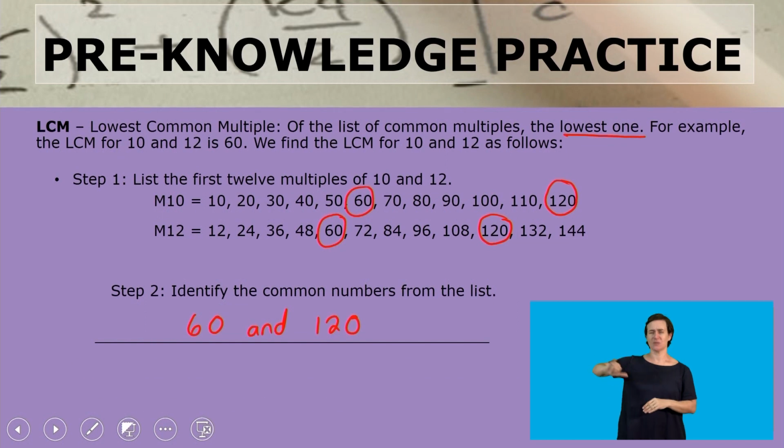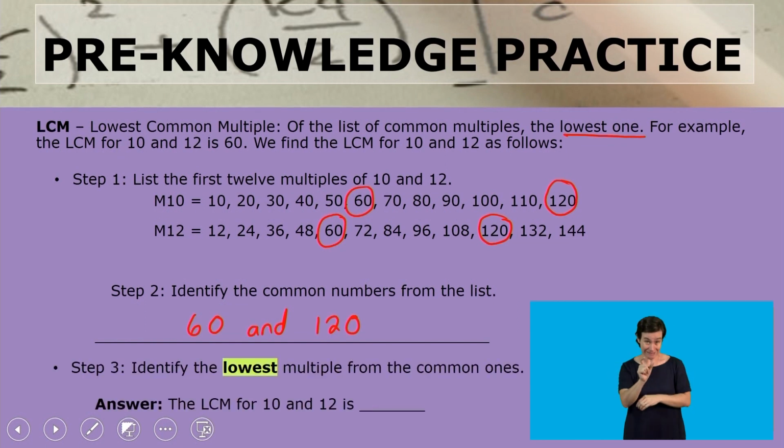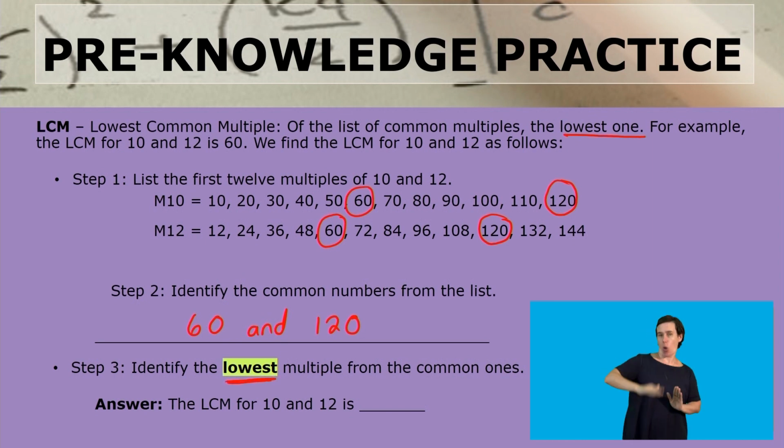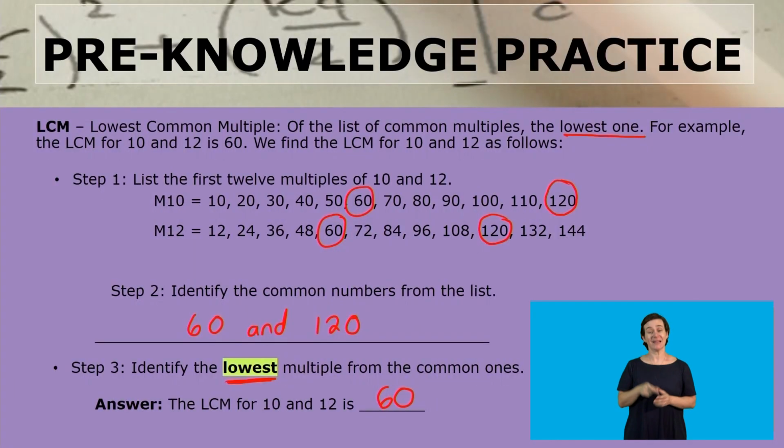But now our focus is on the lowest common multiple. So step 3 would be to identify the lowest. I've already listed my common ones in step 2. So now what am I going to do? I'm going to look for the lowest one. So between 60 and 120, which one is the lowest one? You are correct. It is 60. And that is how we find the lowest common multiple for these two numbers.